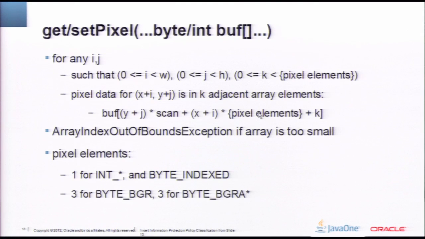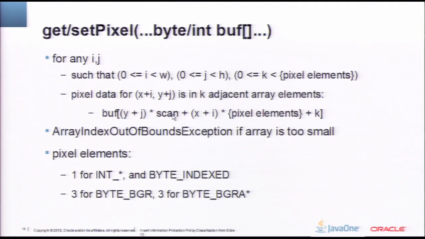And for some formats, if there's multiple pixel elements, we then assume that the components are in adjacent elements of the array starting at that location. You'll notice that the Y is multiplied by scan, but not also by pixel elements, because we assume that you've already multiplied your scan stride by the number of pixel elements that are necessary.